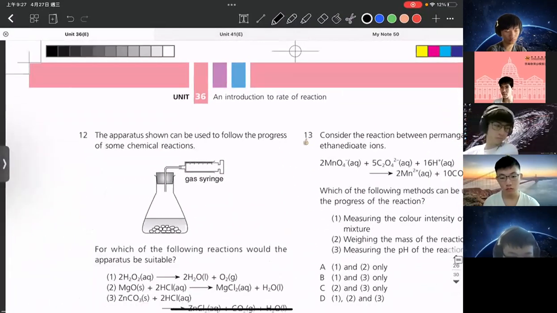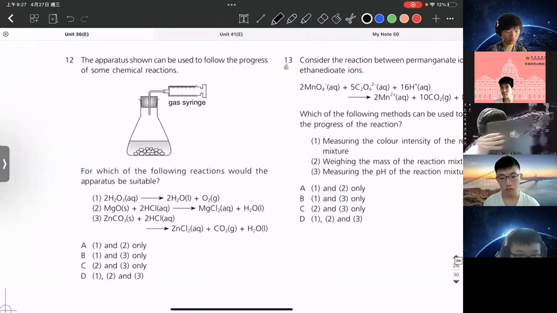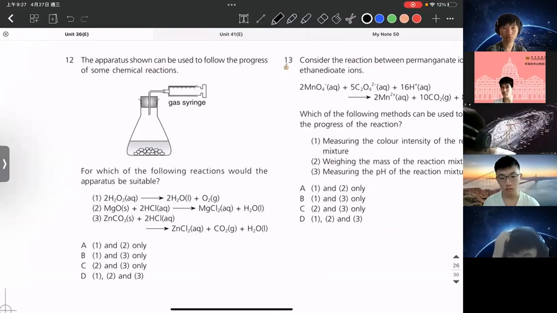Questions? Now we come to the final two MCQs. Question 12. Is it B?